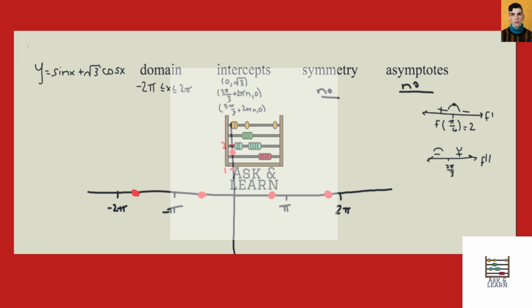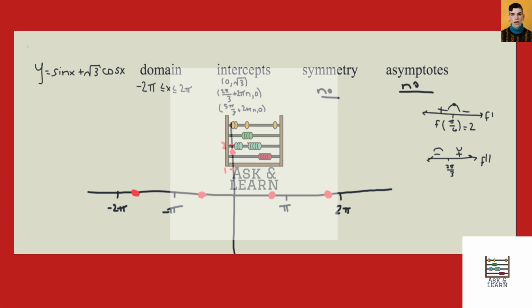Okay, and now we're going to show that it's going to be concave down, and it's going to be increasing and then decreasing around pi over 6. So if we know that pi over 6 is somewhere around here, pi over 6, 2 is our max, remember?